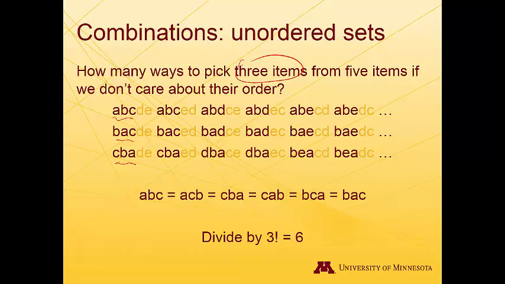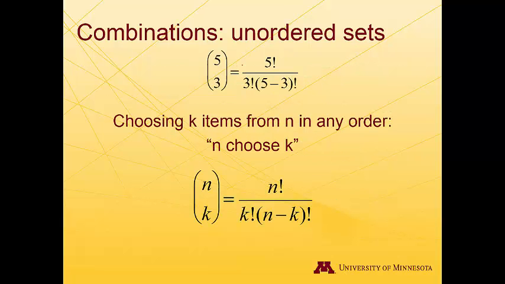In general, this is called a combination. We're choosing 3 items from 5 in our example. And in general, we can say that we're choosing k items out of n items, and we don't care about order. So we're dividing by the orders of the things we throw away, and we're dividing by the order of the things we keep.